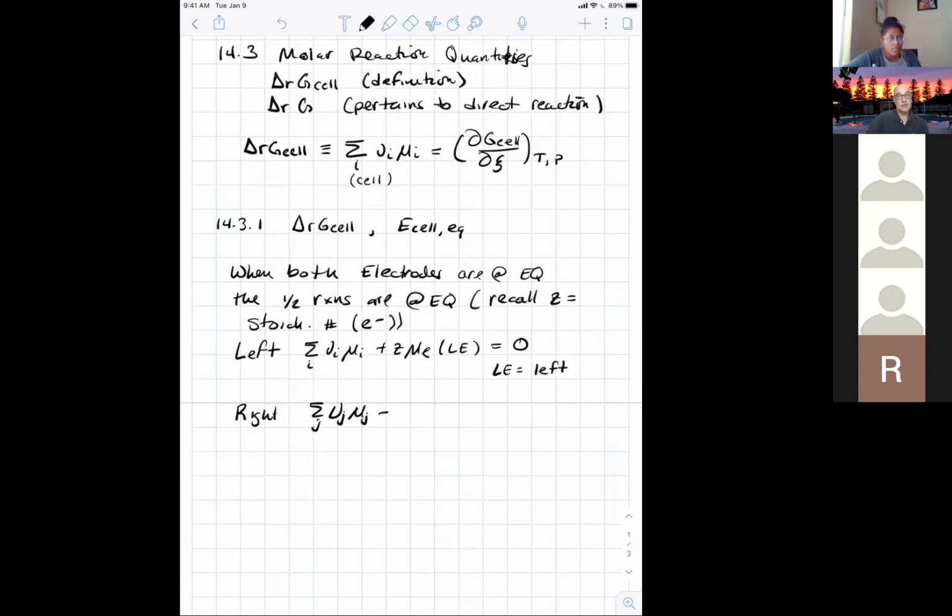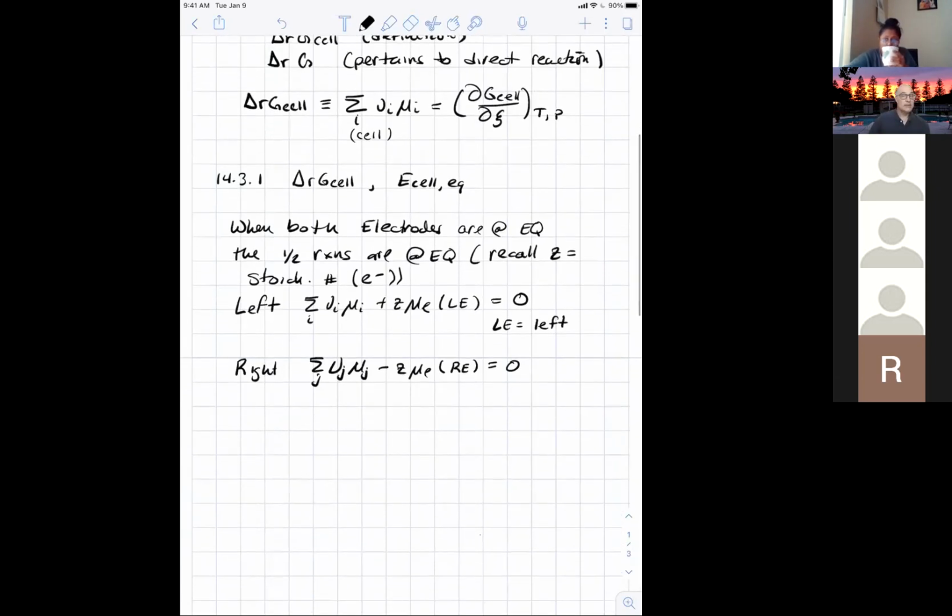And then on the left-hand side, we're giving up electrons. So we're gaining electrons. So we have a plus term for the electron potential. For the right cell, that's kind of the product cell, right? And in that cell, we're using up the electrons, so we subtract off the electronic chemical potential term.